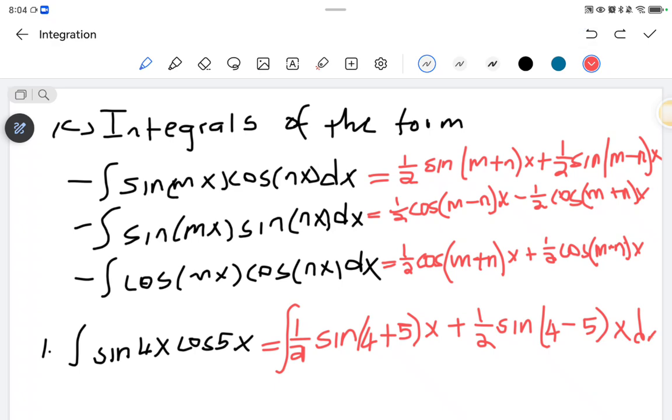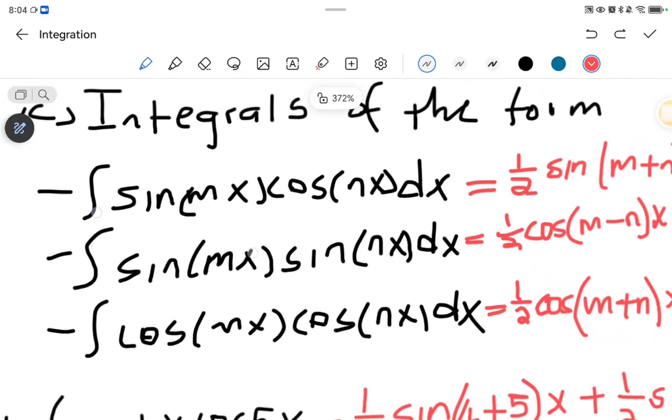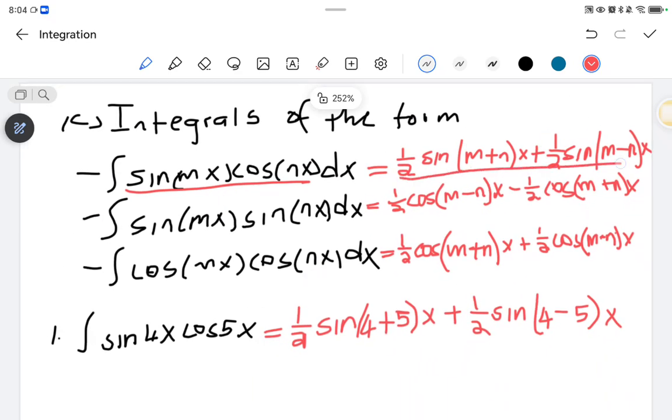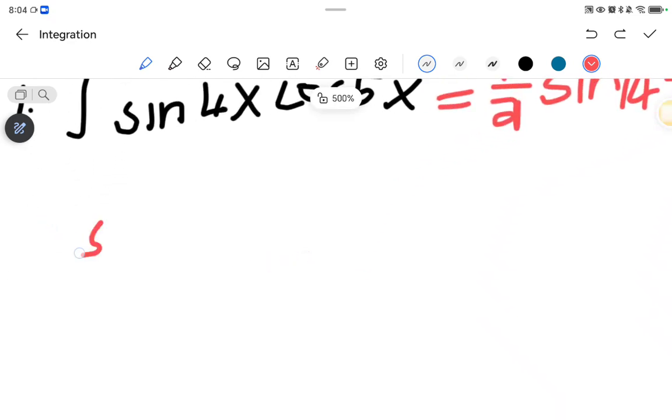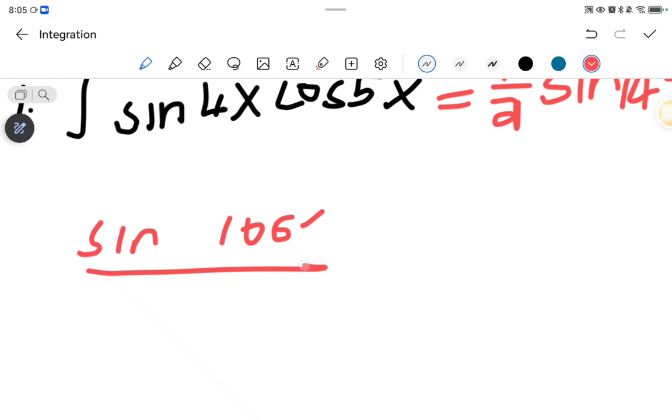I want you to write it. The property says that this will be equal to this. So what we need to know is that every time we are given sine cos, you are going to translate this in the form of sine.